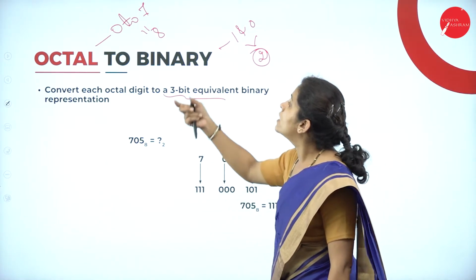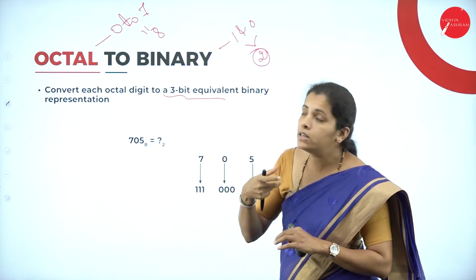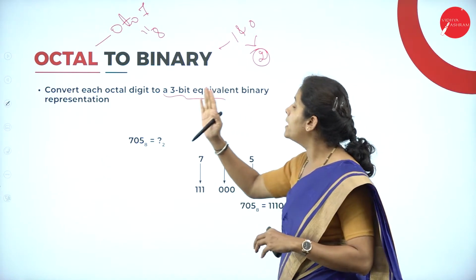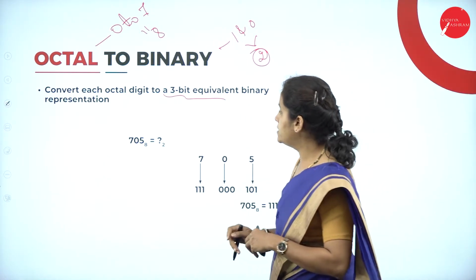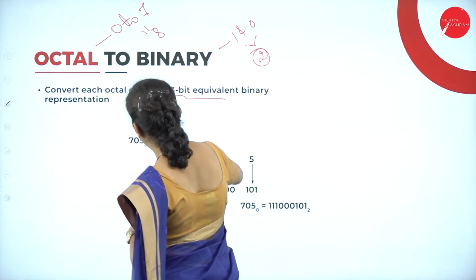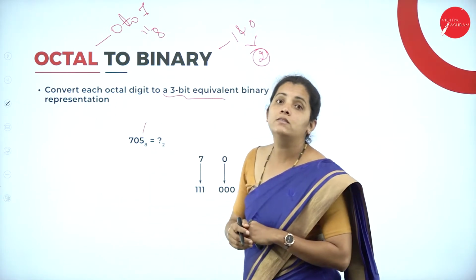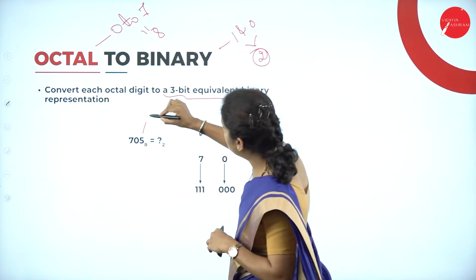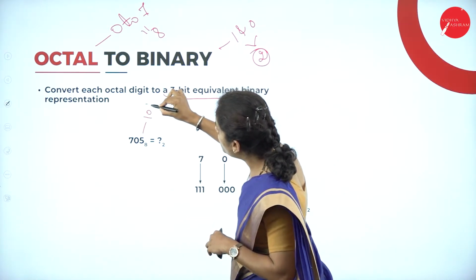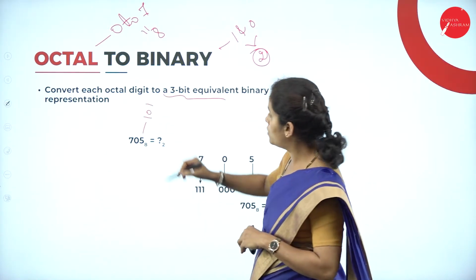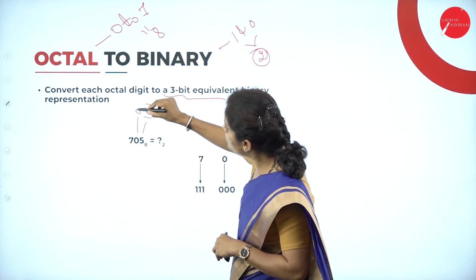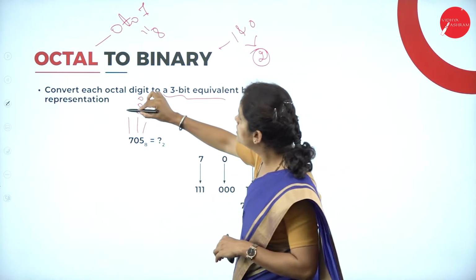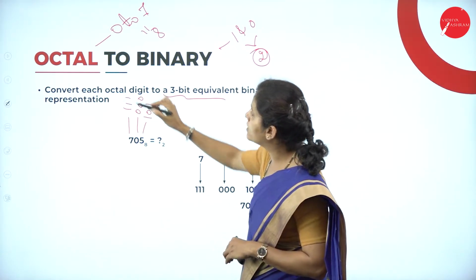Here I'll write 5. What is the binary value? It is 1, 0, 1. Then what about 0? Once again it is 0, 0, 0. And what about 7? It is 1, 1, 1.